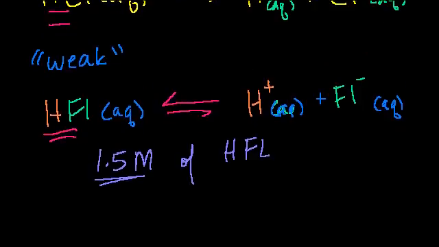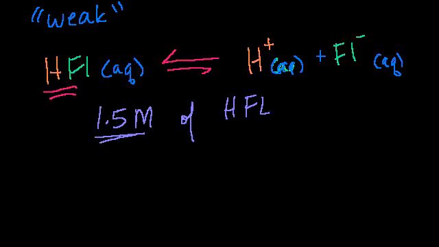Now, you could look it up, but I'll just write it. Every equilibrium reaction has some equilibrium constant. Since this is an acidic reaction, we'll say it's the acid constant, Ka, for hydrofluoric acid.